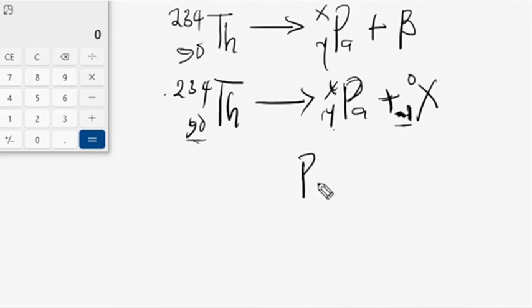So let's quickly write this down here. So this will be a 91, and then for the superscripts here, we're going to find the difference between this and this, and that's 234 minus 0. That's your 234.